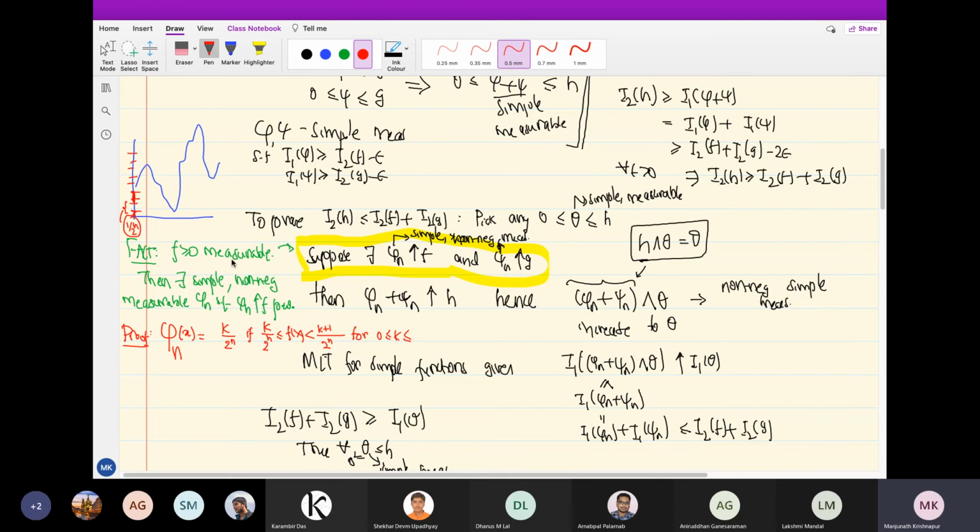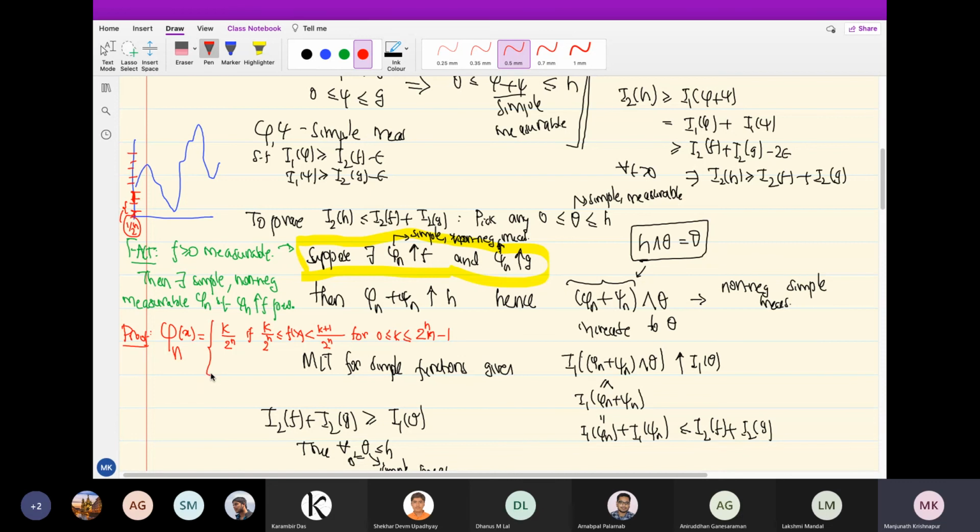I keep doing like this till how long will I go? Well, I can go up to 2 to the n, but I also want to cover the entire y-axis range, and for any n, I have to go only a finite distance. So what we will do is go up to 2 to the n times n minus 1.